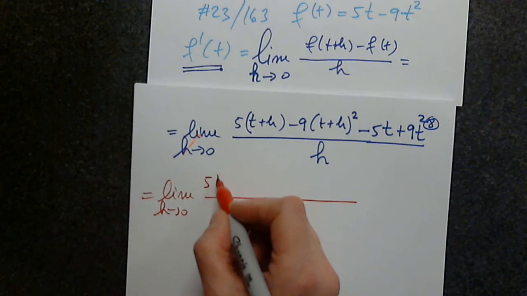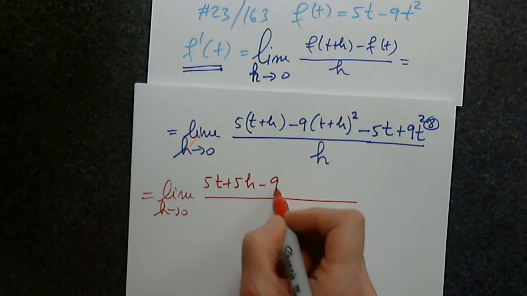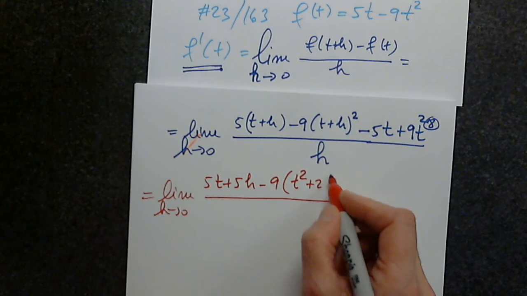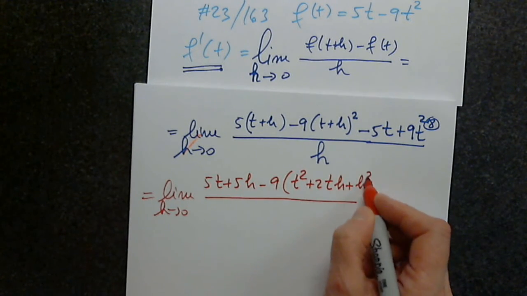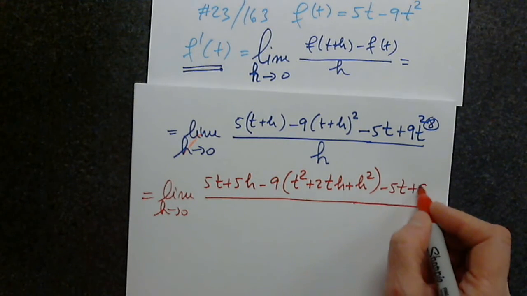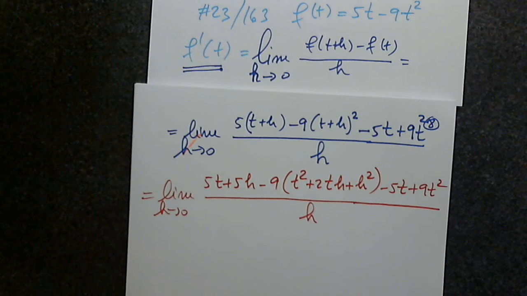Okay, so we have 5t plus 5h minus 9. Careful with this, because this is t squared plus 2th plus h squared, minus 5t plus 9t squared, divided by h. So remember, we have to square first, and when we square a binomial, what do we get? Perfect.